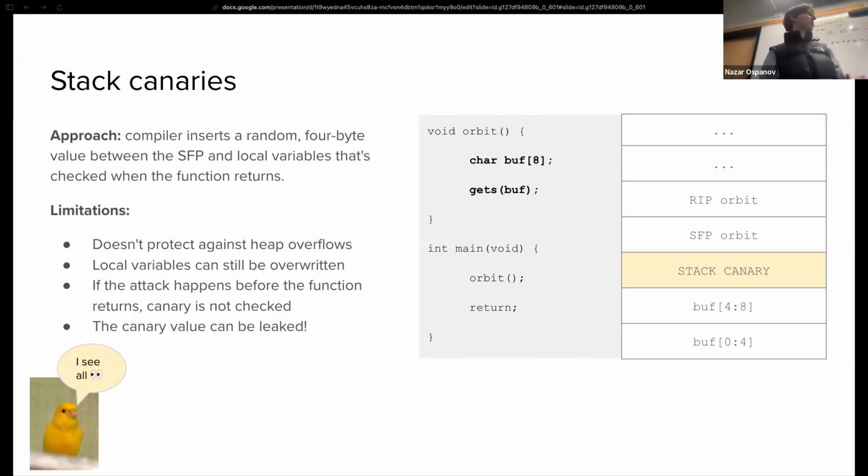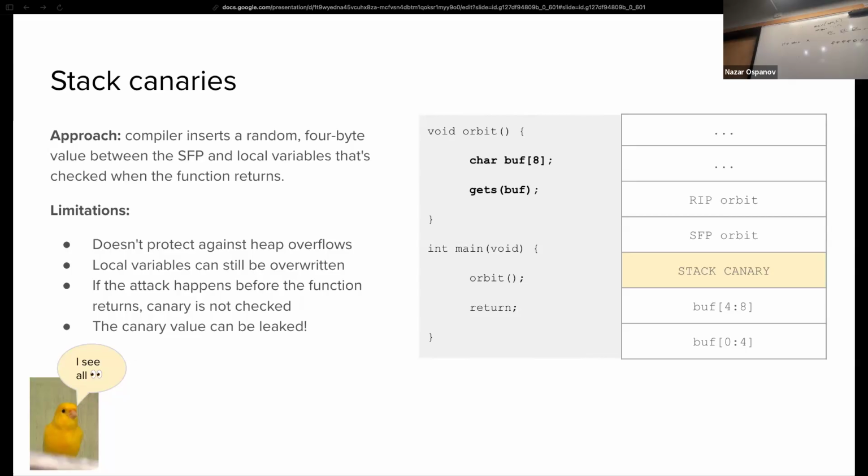So a stack canary is usually right below the SFP, and I say usually because this differs from architecture to architecture, but for the purposes of this course, and especially for the exam, you can always assume the stack canary is right below the SFP. And what happens is that at runtime, the CPU will check, is this value of the stack canary the same as what it was before?